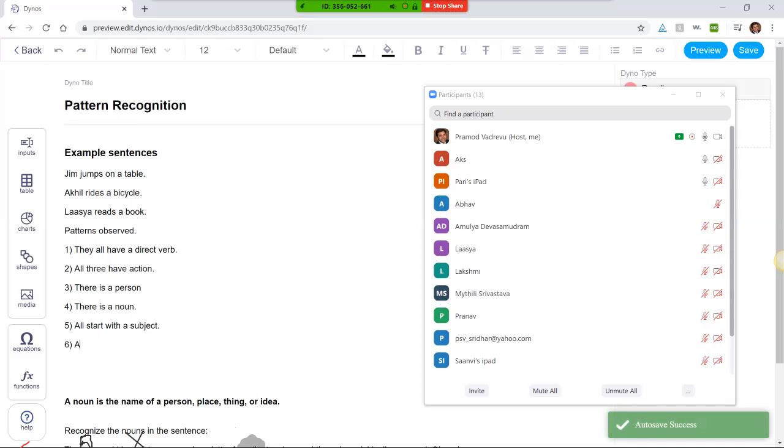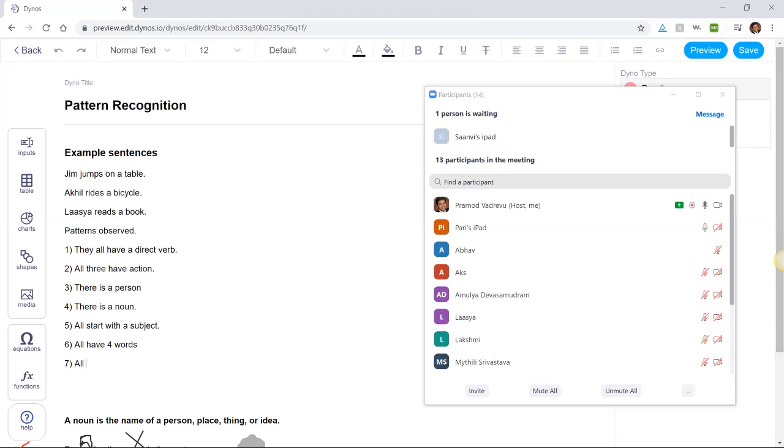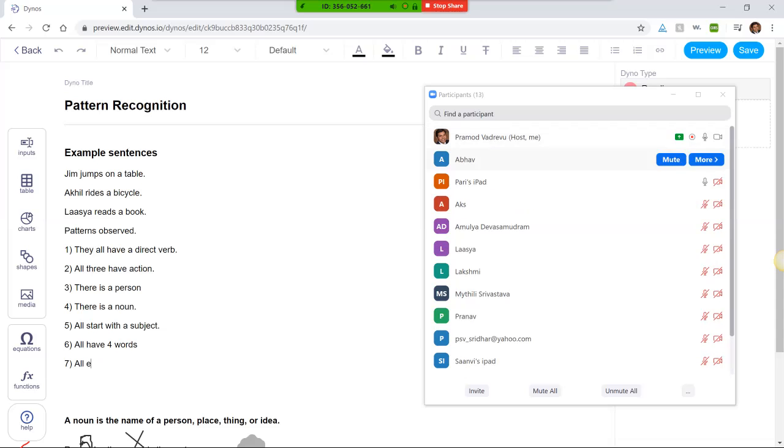All have at least 4 words. And at the end of all the verbs is an S. All have a verb, a direct verb, and an object also. All start with a noun, a subject.